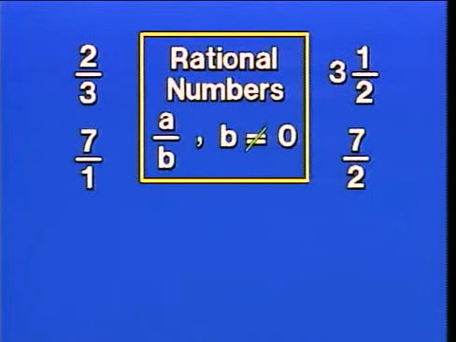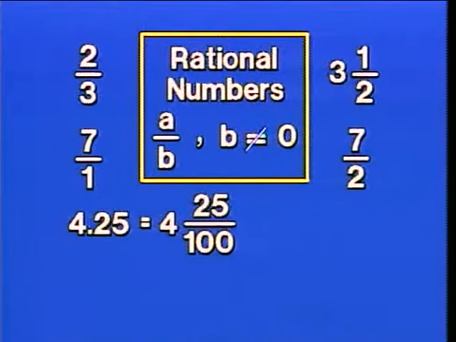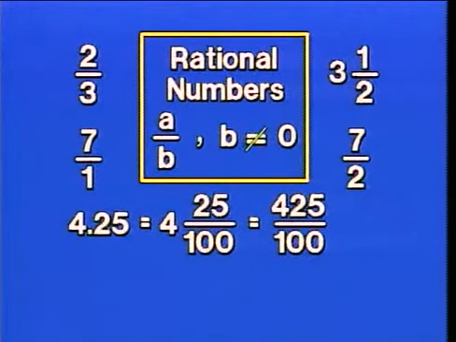Now, what about decimals? Well, consider a terminating decimal, that is, a decimal that has a last rightmost digit, 4.25. Now, if we just say the decimal in proper form, that is, we say this as 4 and 25/100ths, we are mentioning a mixed number, and therefore we are mentioning an improper fraction, the form of a rational number.